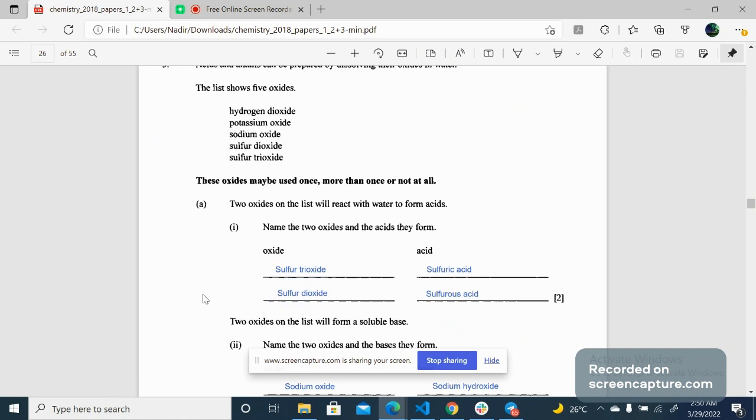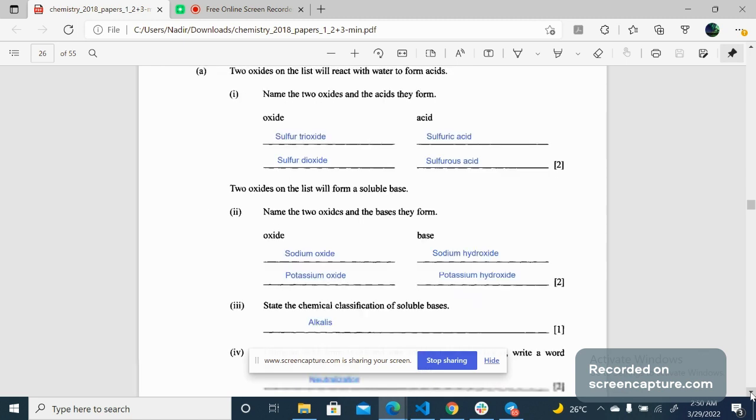So one of them, the second last, forms sulfurous acid when it reacts with water, and the fifth one, sulfur trioxide, forms sulfuric acid. So these are the two that, when they react with water, form their respective acidic counterparts.